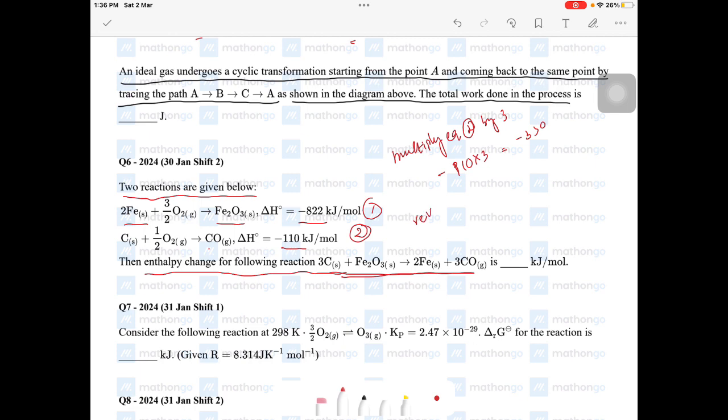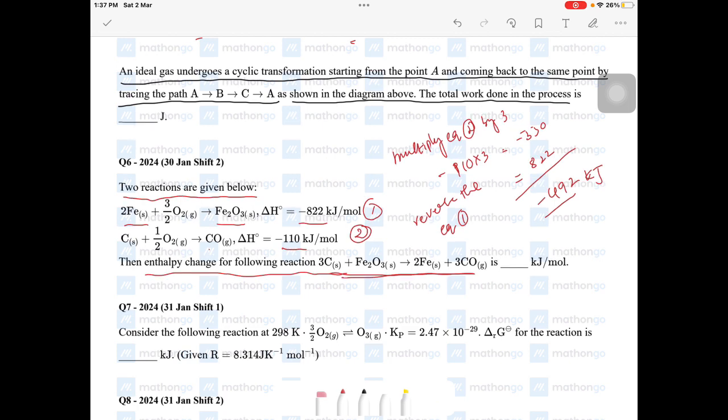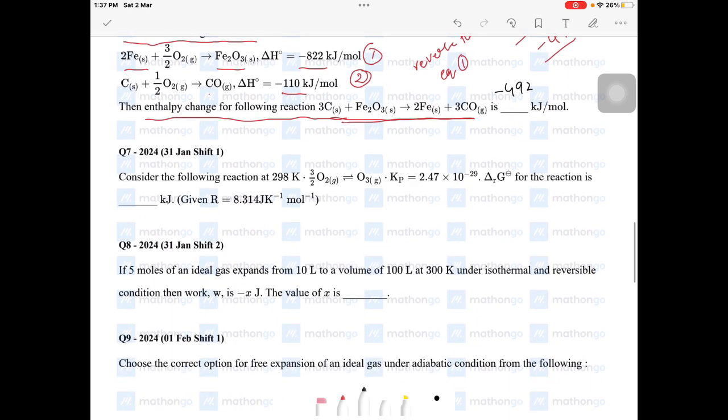Next, reverse equation 1, then we get plus 822. Plus 822 minus 330 will get minus 492 kilojoules. That's what the answer is, minus 492.